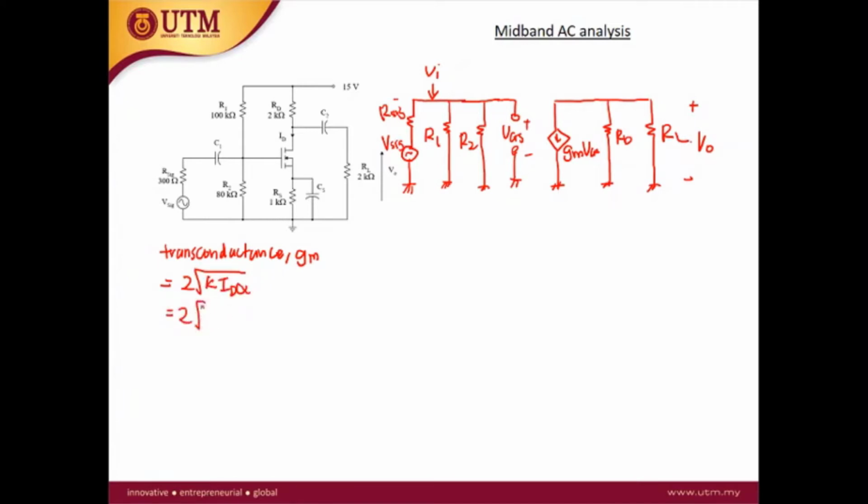K is given as 1 milli, and IDQ we have calculated in the previous calculation as 2.92 milli. So this gives the GM value of 3.42 millisiemens.